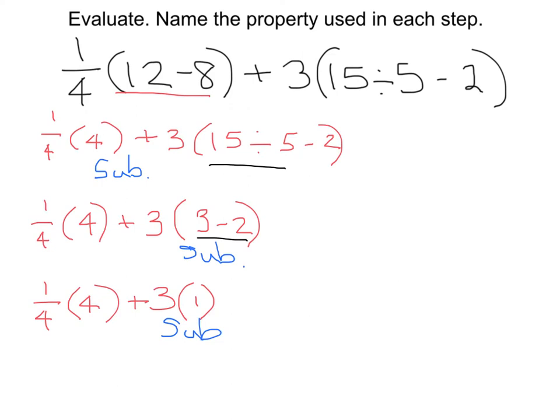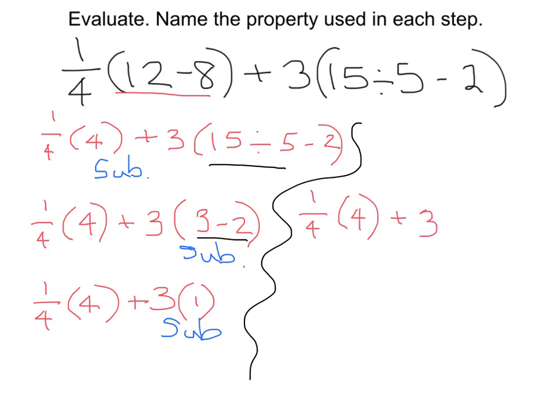Now we move on to a different type of property. And we have 1/4 times 4 plus 3 times 1. So we can first start out with the 3 times 1. I'm going to make a line here to kind of divide so you can continue following what I'm doing, and I'm going to move up to the right-hand side. So we have 1/4 times 4 plus 3 times 1 is 3.